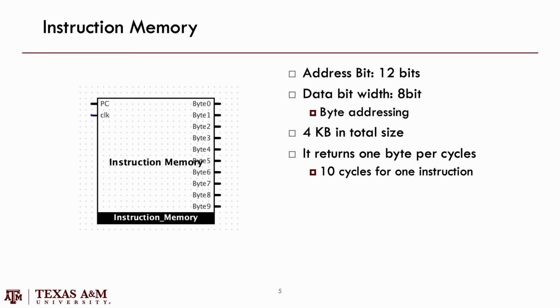Inside the instruction memory, we have an actual Logisim memory module. Since the textbook does not specify exact memory information, such as what the address bit width is, what the data bit width is, and also the total size and so forth, we can specify that information when we create a memory module ourselves. So this is my configuration.